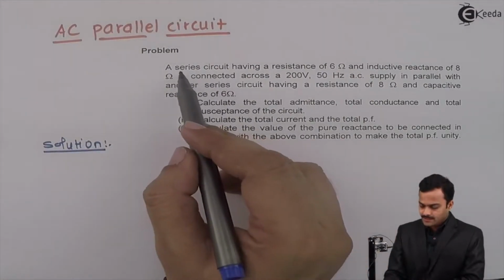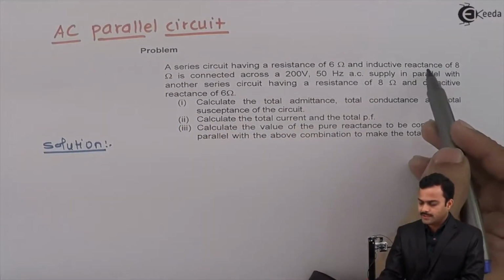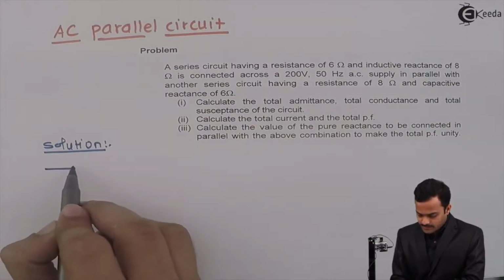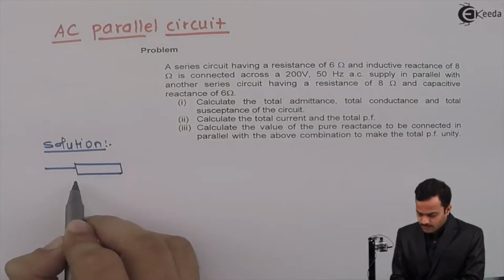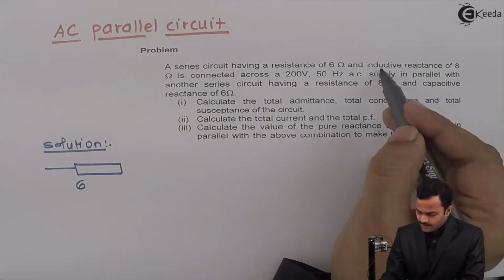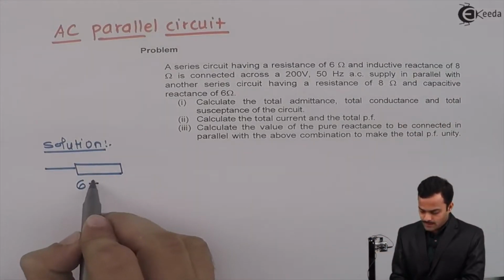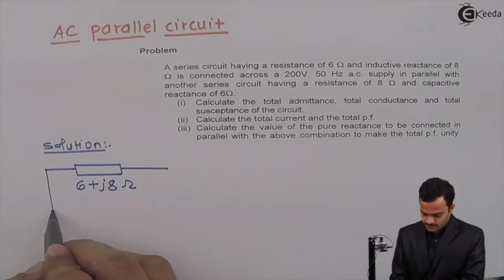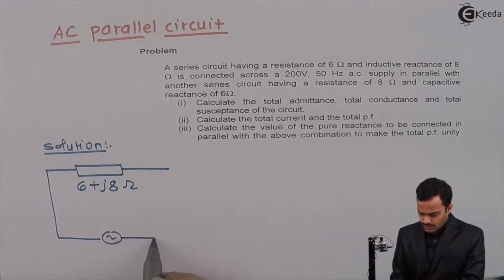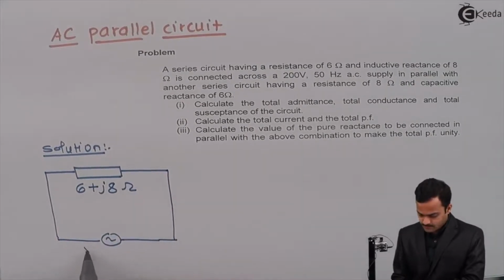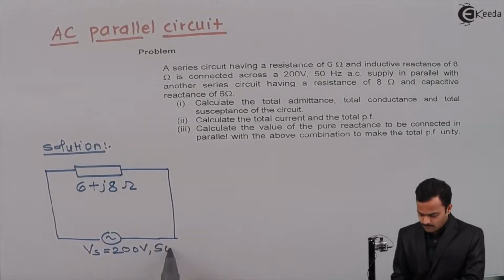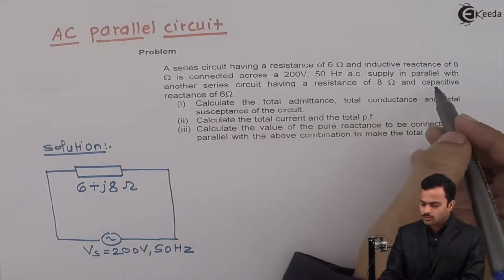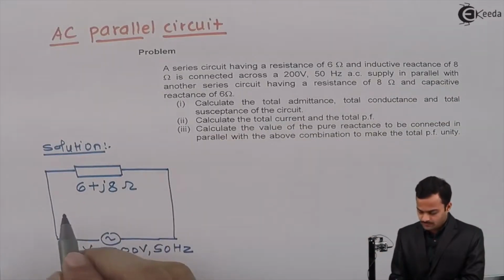So what they are saying, a series circuit having a resistance of 6 ohm and inductive reactance of 8 ohm. So it will be like this. A total impedance they have given, which is equal to 6 plus j8, is connected across a 200 volt 50 Hz AC supply, in parallel with another series circuit having a resistance of 8 ohm and capacitive reactance of 6 ohm.